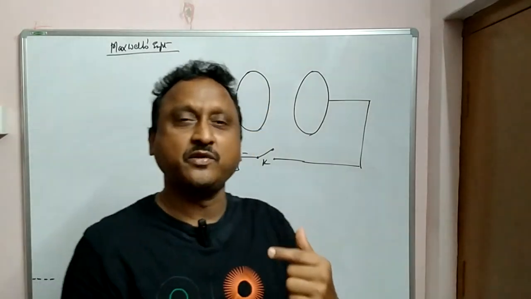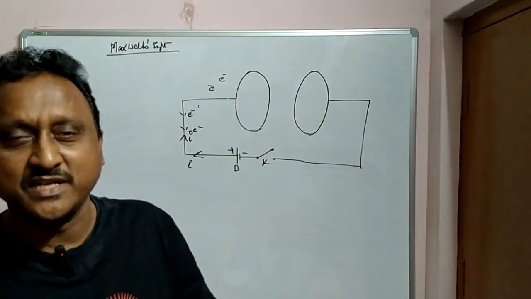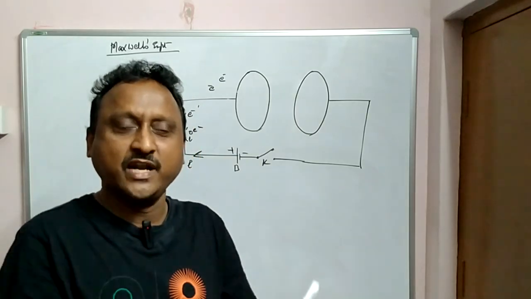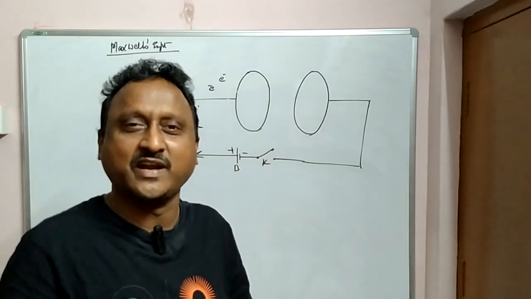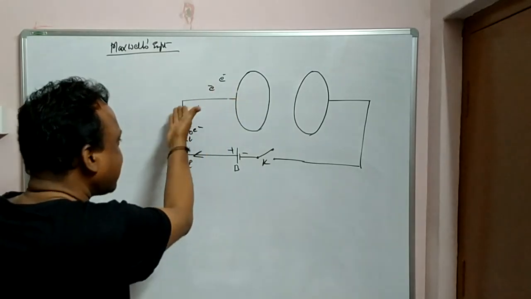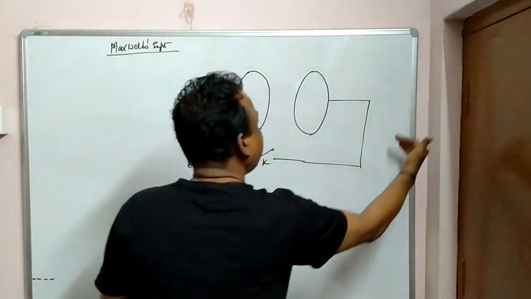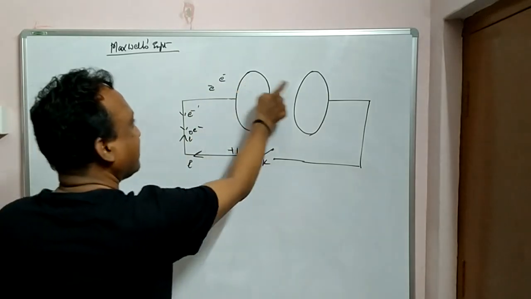According to chemistry, when electrons are coming out, what does it mean? It is positively charged. Whenever any body is positively charged, it means it is having more number of electrons. So from these, electrons are coming and giving to this plate. This is plate 1, this is plate 2.